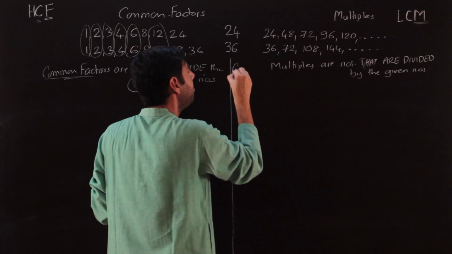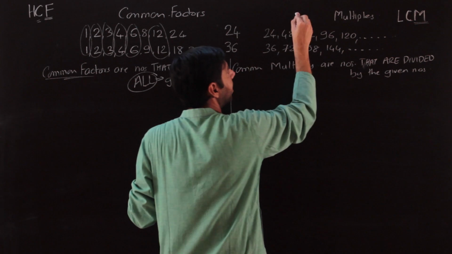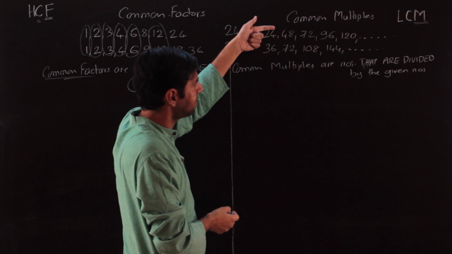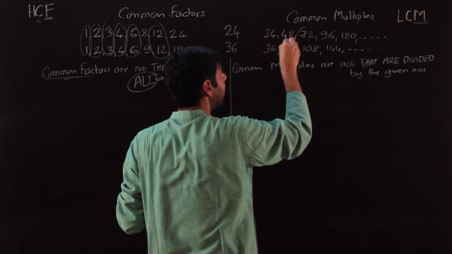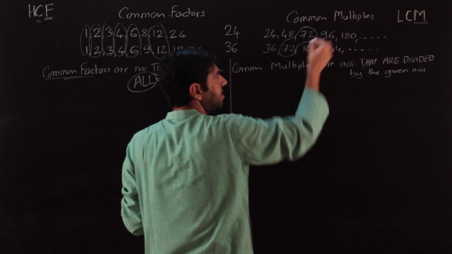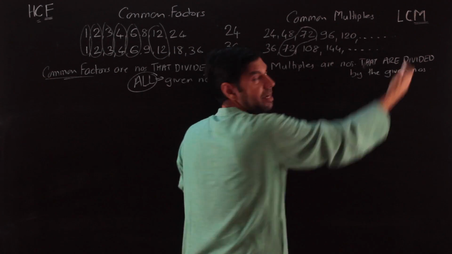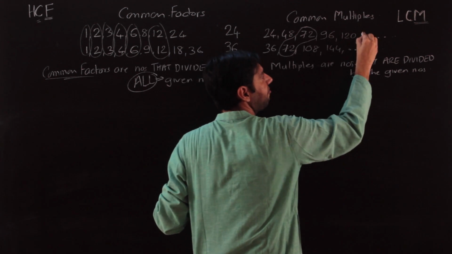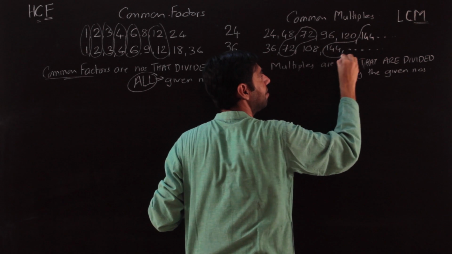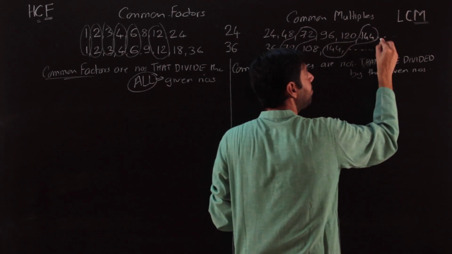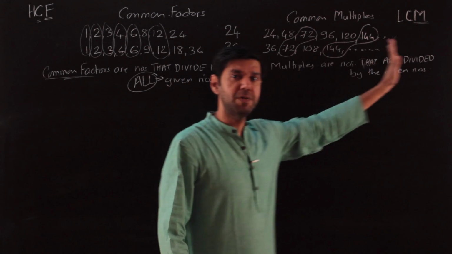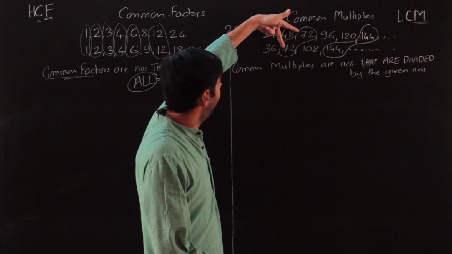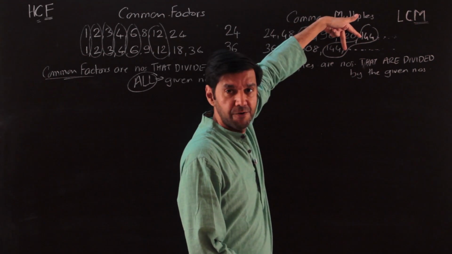Similarly here, common multiples, the second word in LCM. Now this is very easy. 24 is not present here, 36 is not here, 48 is not here. Oh, 72 is common. 96 not in the second, 102, that doesn't seem to be anything. Hang on for a moment. If I try the next multiple, 24, add a 24 to this, 144, there I see a common multiple. And if you keep going on and on, there are going to be many more common multiples because this list extends infinitely. In fact, 72 is common, 72 into 2 is 144.